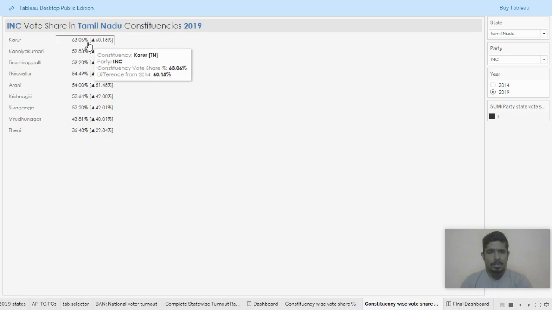Earlier, in 2014, it got 2.91. Now, in 2019, it got 63. Means vote share percentage is up by 60.15%, as the tooltip reads. So this is how 60.15%.